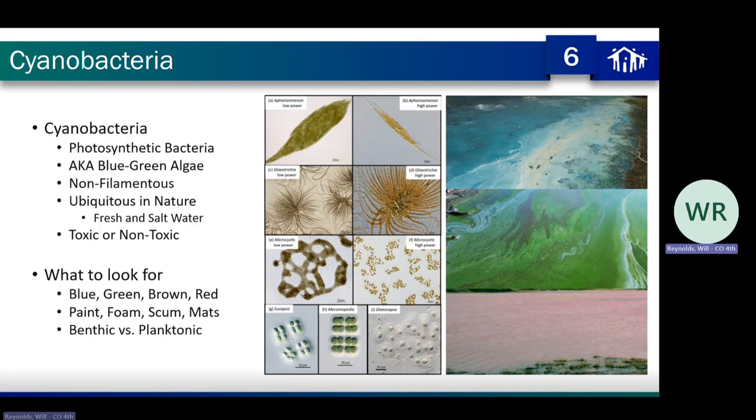And then you have benthic versus planktonic blooms. Benthic blooms are cyanobacterial blooms that occur in mats, commonly at the bottom of water bodies where they're obviously more difficult to see.